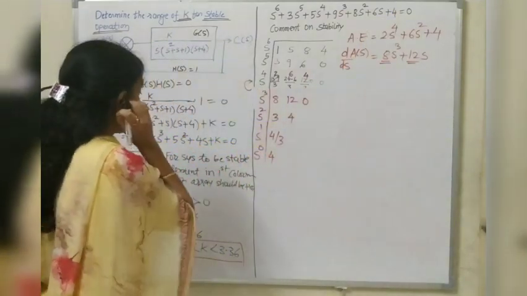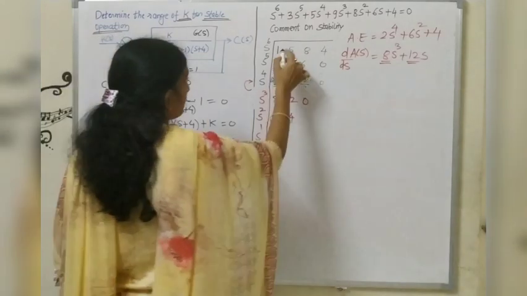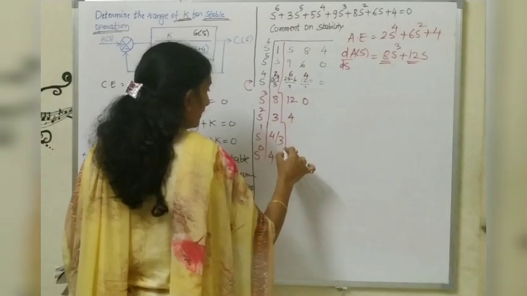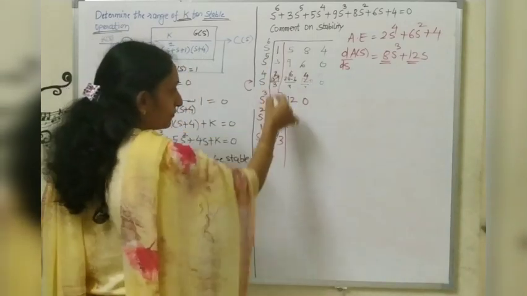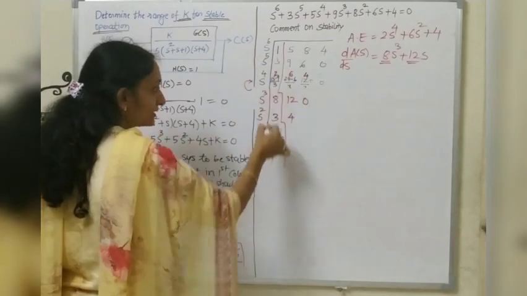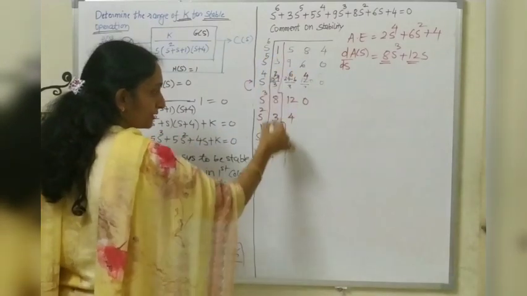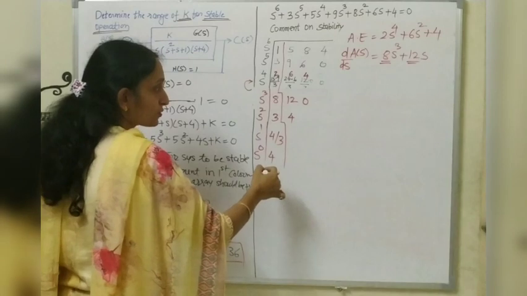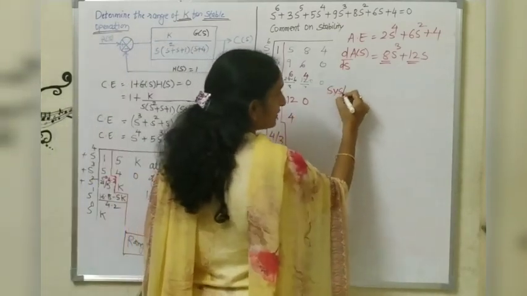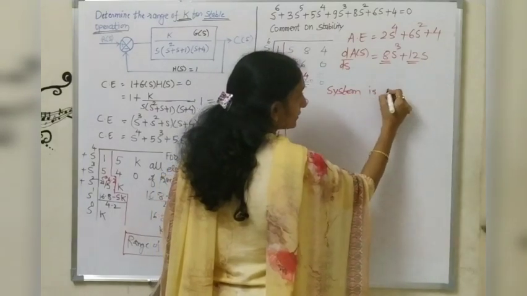Okay, so see, actually for Routh array or for commenting on the stability, I need to consider the first column of Routh array. So look at this, here there are no sign changes, all the terms in first column of Routh array are positive. Okay, so what you will say, that system will be stable. So I will write here system is stable.